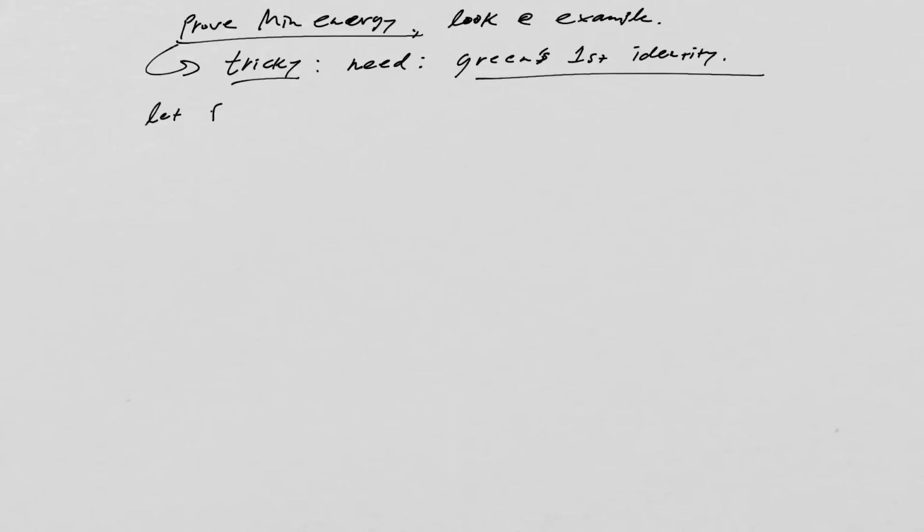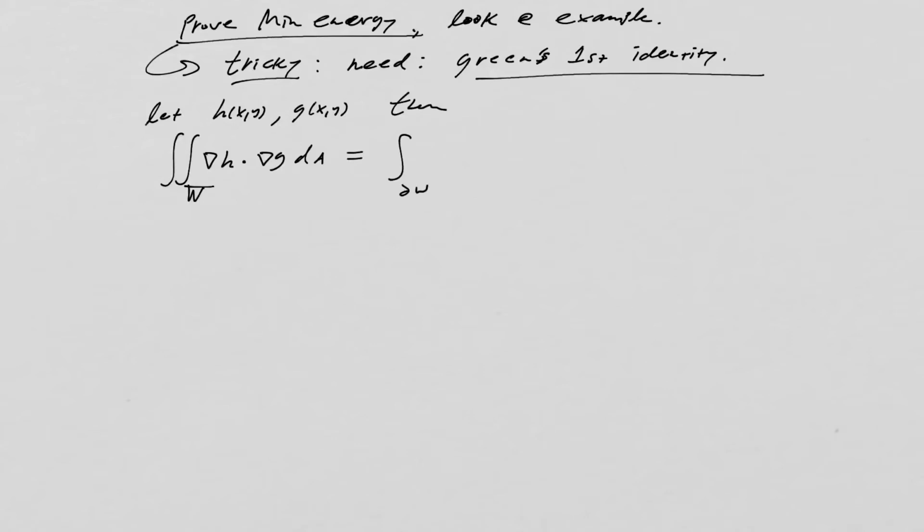So Green's first identity is as follows. Let h of x comma y and g of x comma y be any functions, as long as they're differentiable and all that good stuff. Then the double integral of the gradient of h dotted with the gradient of g, dA, over the entire set W, can be written as follows.